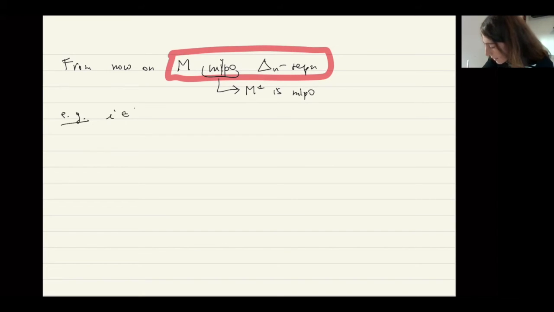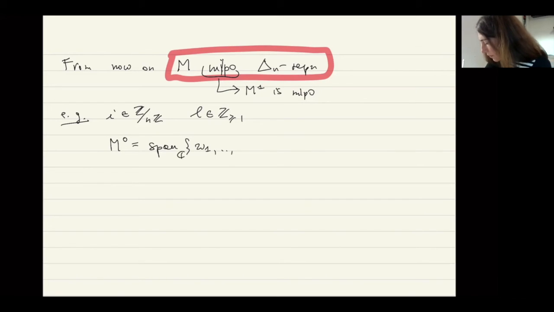So let's pick a vertex of our delta n. So it's the same as i in Z mod n. And then L, which is a length parameter, as the letter L says. And now I start by formally defining M0. So that's an L-dimensional C vector space. And then I write something about the degree.